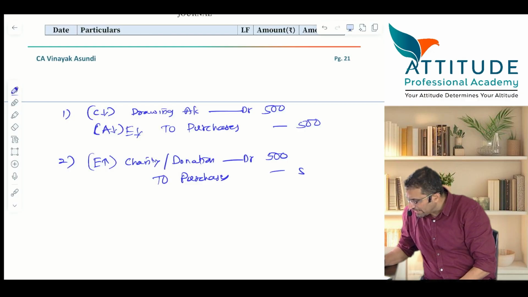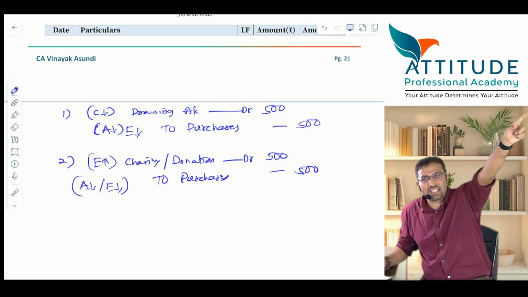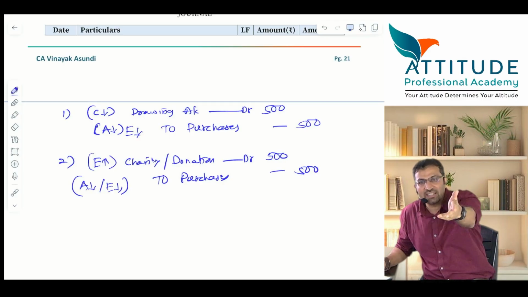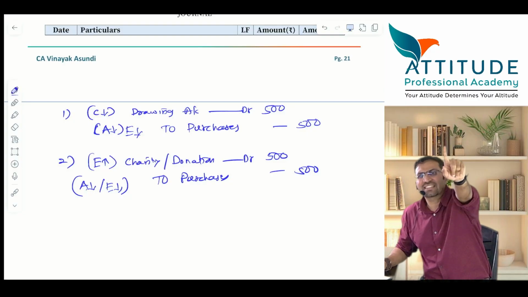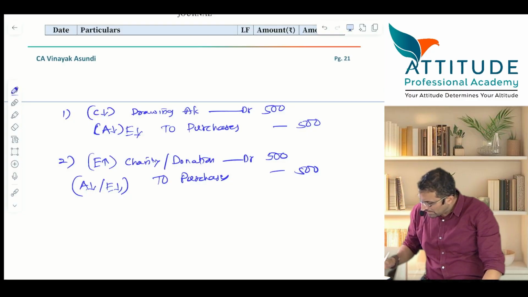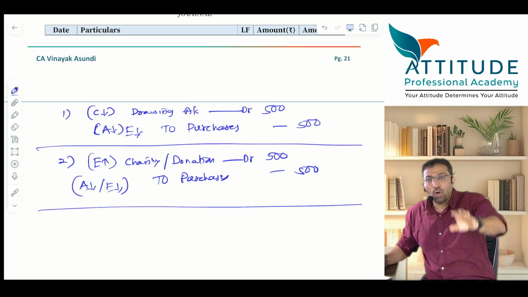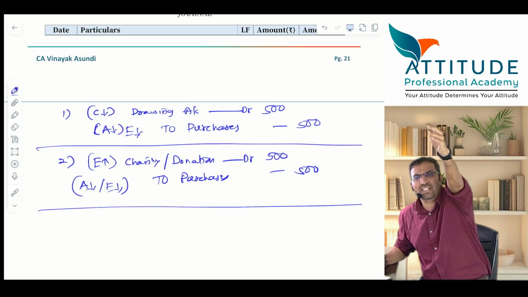Purchases only will be credited. Asset reduces or expense reduces. It was your expense earlier, purchases. Now it is no more your expense because now it is getting converted into charity. That is easier. Is that clear? Next. All of you are able to understand, 100% concentration, guys. Third.